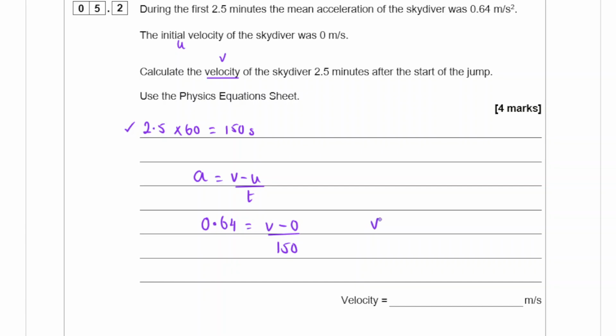So v equals 0.64 multiplied by 150. That would give me 96 meters per second.